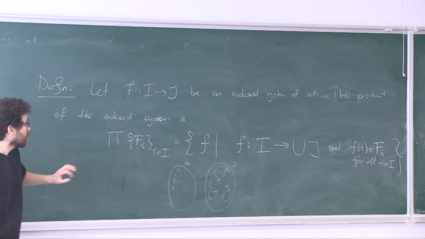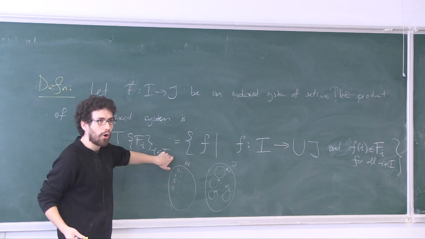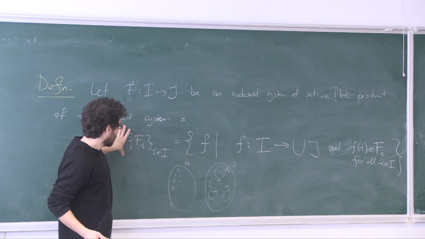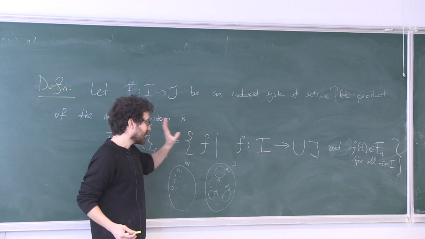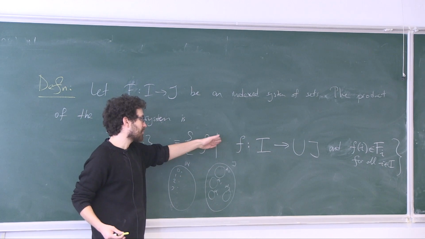Now, an element of the product of this index system of sets is a function, according to this definition. It satisfies some special properties.